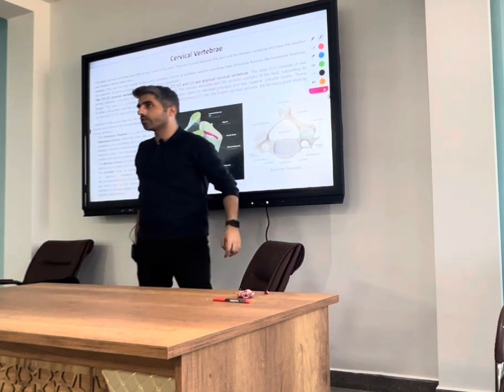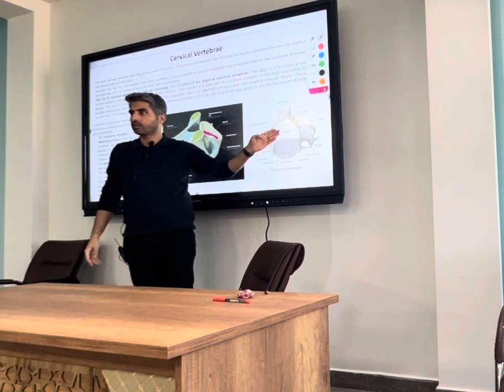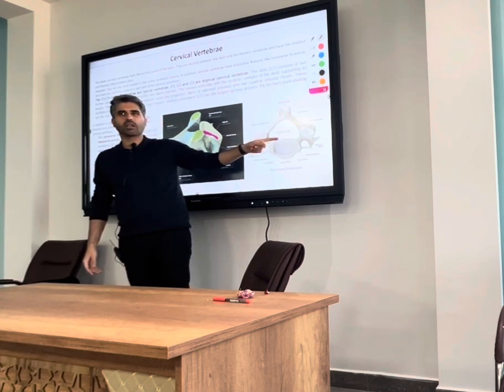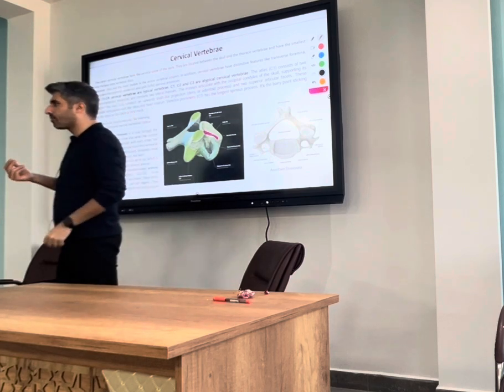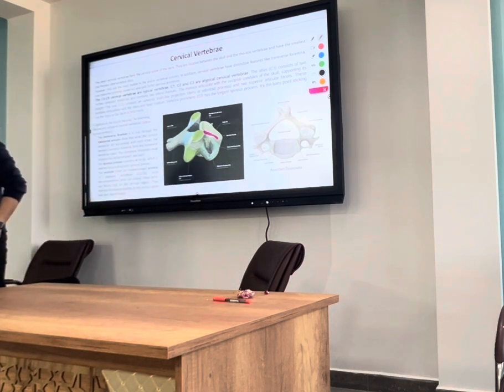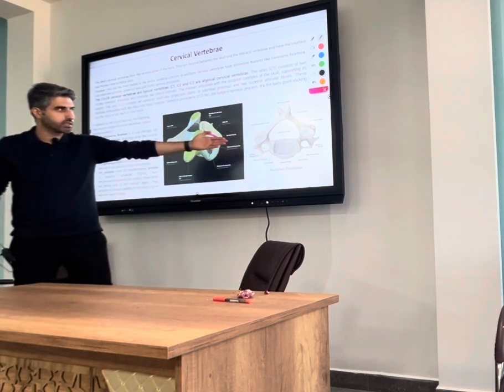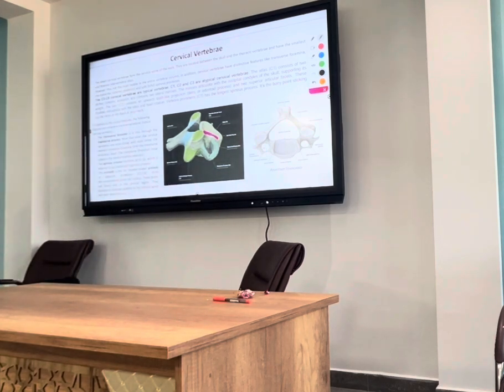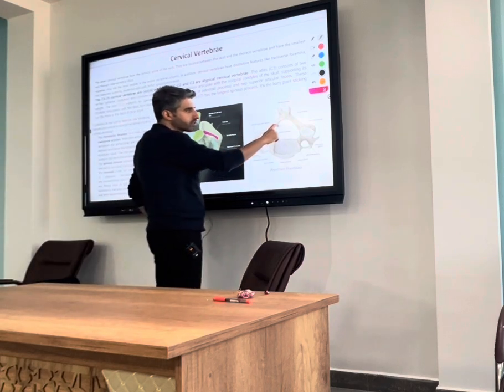The normal cervical vertebra looks like this. Can you tell me what is the specific shape of this vertebra? Triangular. The vertebral foramen is triangular, yes.